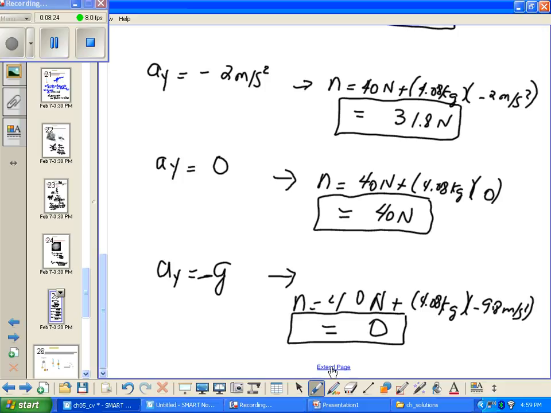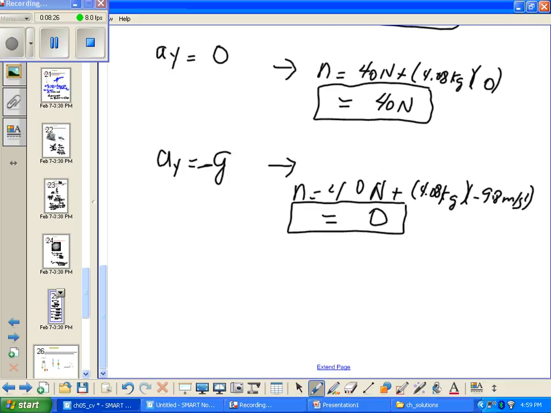So in fact, what happens is that the fish is falling at the same rate as the elevator and the hook, and therefore appears to be in a state of weightlessness.